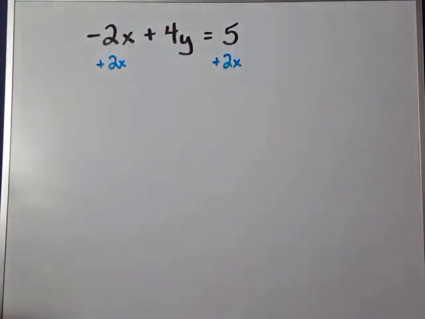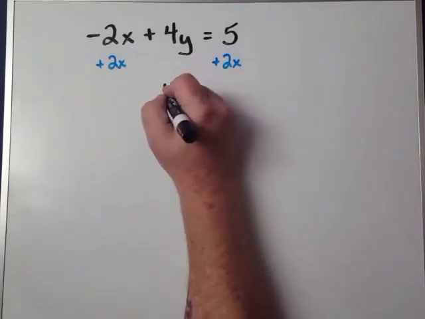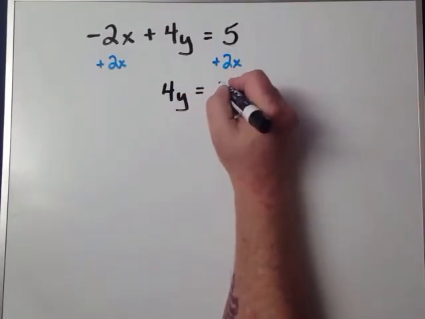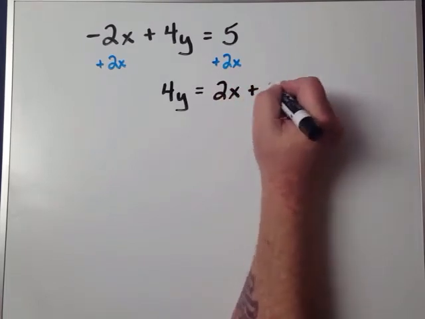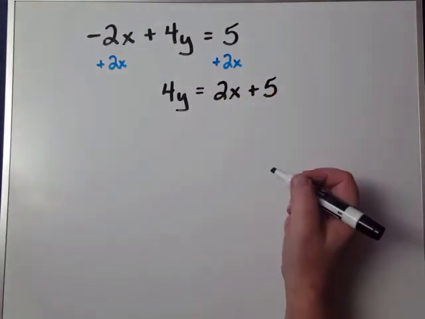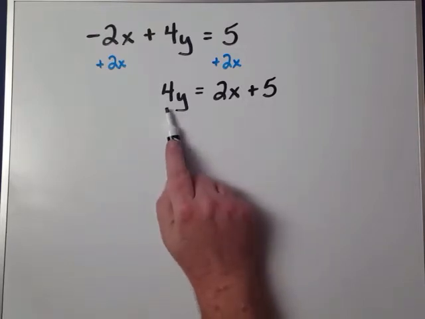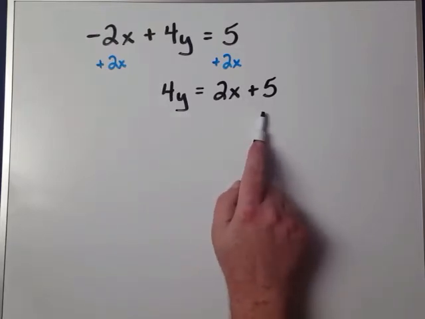That gives me 4y equals, and those are unlike terms, so don't try to put them together. 2x plus 5, that's the best we can say. And then divide both sides by 4. Now think about this for just a second. Dividing both sides by 4 is the same as multiplying both sides by 1/4.